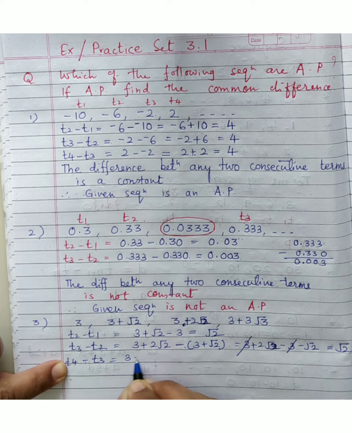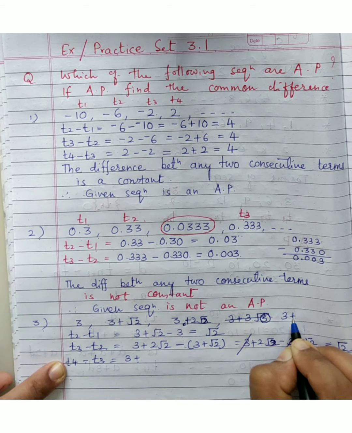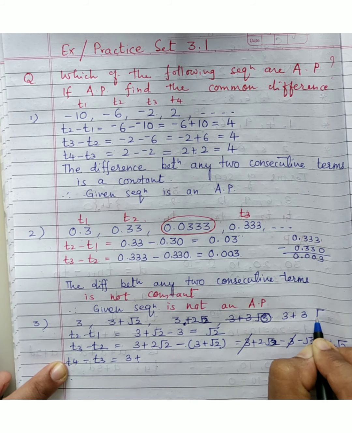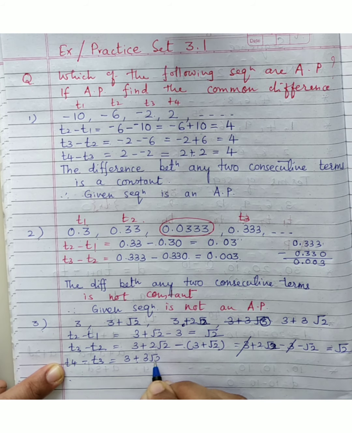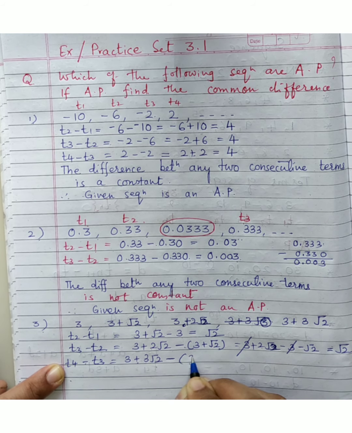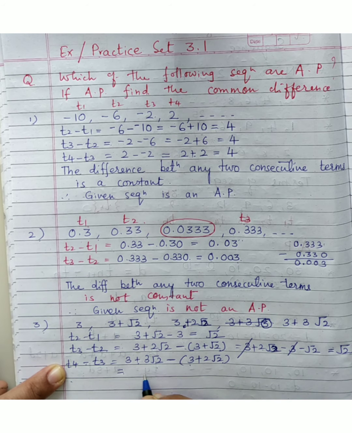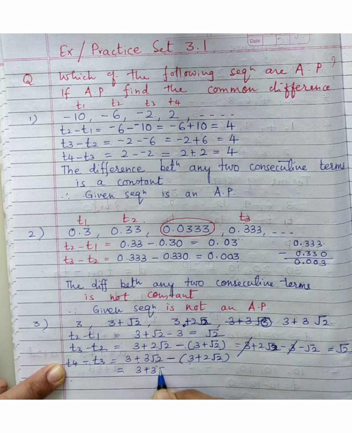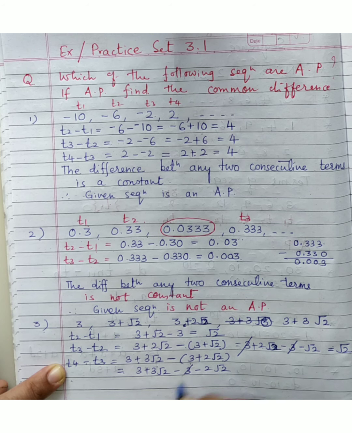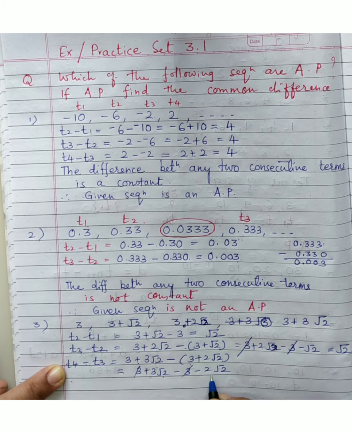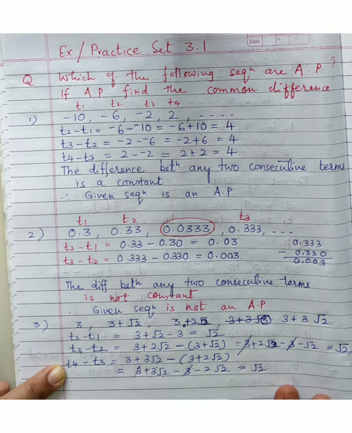T4, 3 plus 3 root 2, see, copying the question is important. 3 plus 3 root 2 minus, put a bracket, 3 plus 2 root 2, open the bracket, 3 plus 3 root 2 minus 3 minus 2 root 2. 3 root 2 minus 2 root 2, like 3x minus 2x, again I say root 2. So you can write the answer yourself.